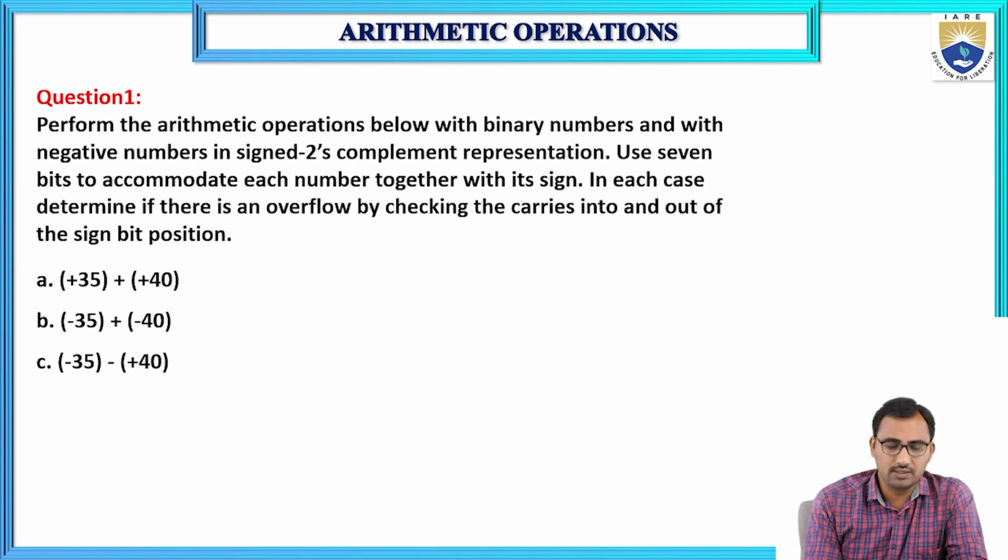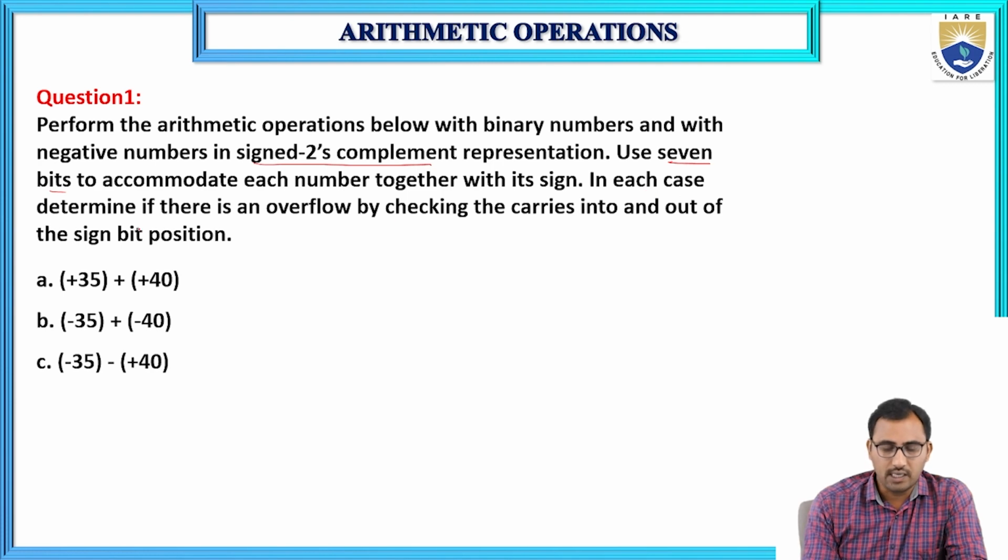The first one is: perform the arithmetic operations below with binary numbers and with negative numbers in signed 2's complement representation. Use 7 bits to accommodate each number together with its sign.